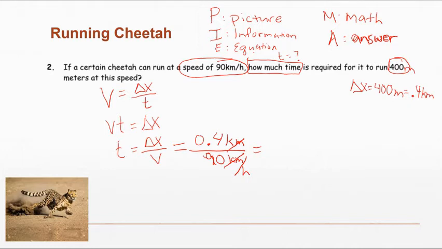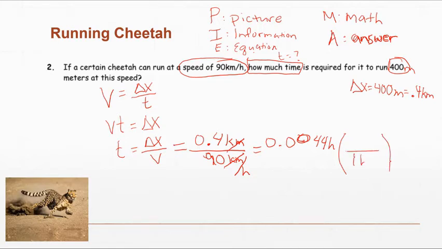So hours comes up and it gives me time in the end. So I end up getting 0.00044 hours. And if I multiply that by 3,600, that's how many seconds are in an hour.